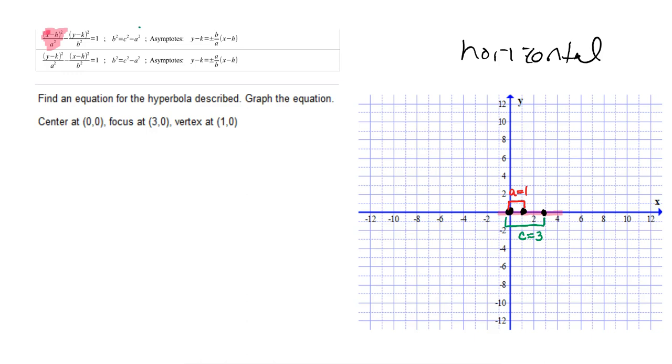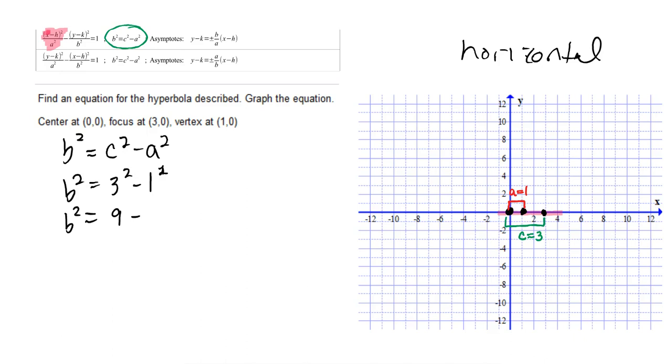Then we can use this Pythagorean equation to find the value of B. So B squared is equal to C squared minus A squared. B squared is 3 squared minus 1 squared. B squared is 9 minus 1. B squared would be 8, and B equals the square root of 8.